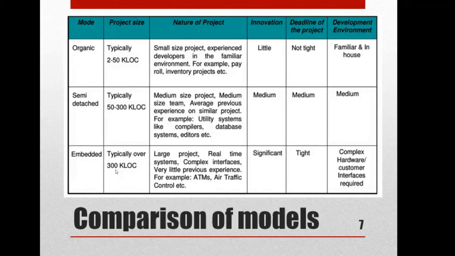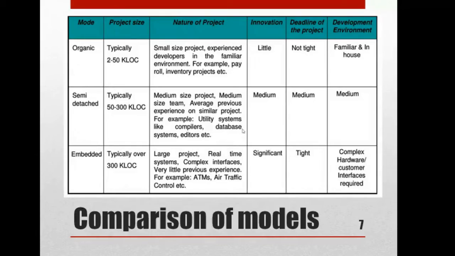That is why it is a real-time project. Air traffic control is another example. You have to deploy the software into the particular air traffic control system. That is also a real-time system. So it is called embedded programming.